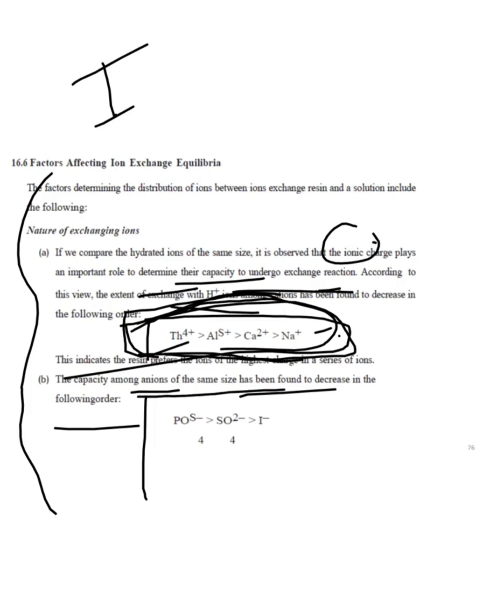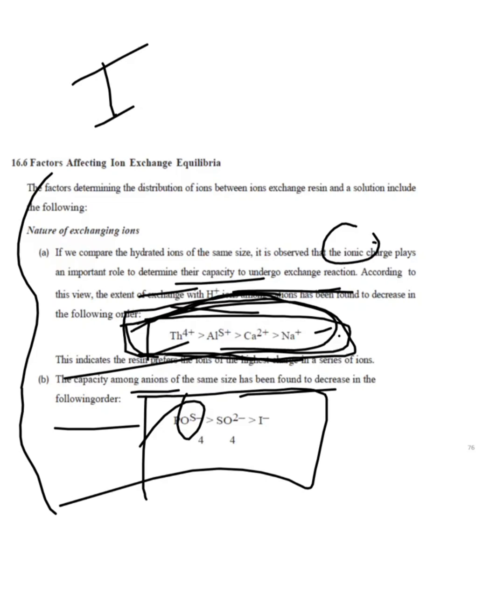If they have the same size, for example, phosphate, sulfate or iodide, which decrease in the order shown here, PO4 3 minus, SO4 2 minus.